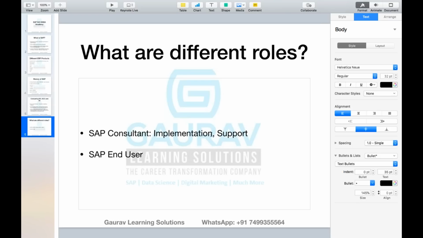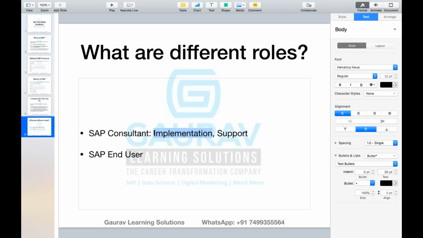Implementation requires a lot of interaction with the customer. You need to visit the customer premises and talk to the higher management to understand their requirements so that you can implement. Normally this implementation part is given to someone senior, but with that senior there can be some two or three juniors who will help him in the background.